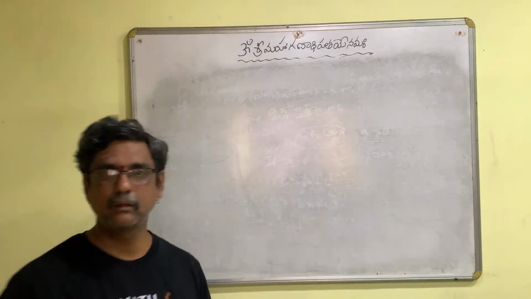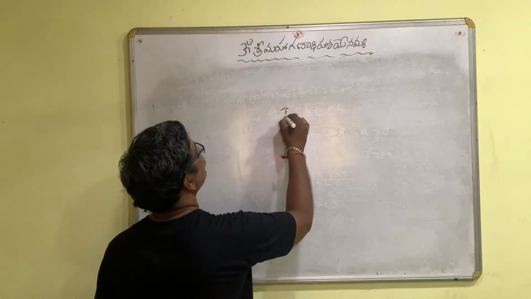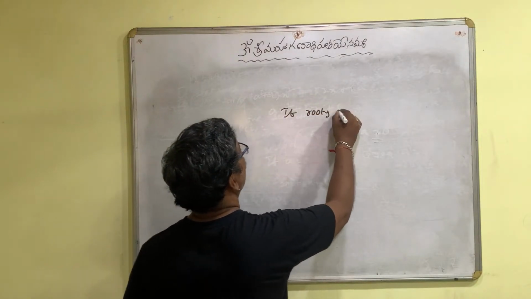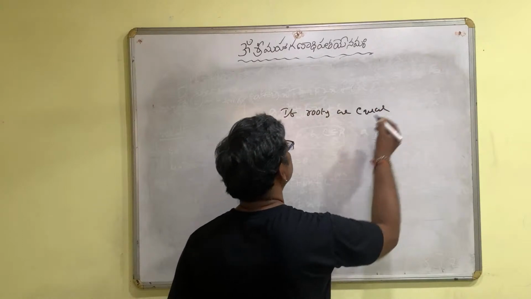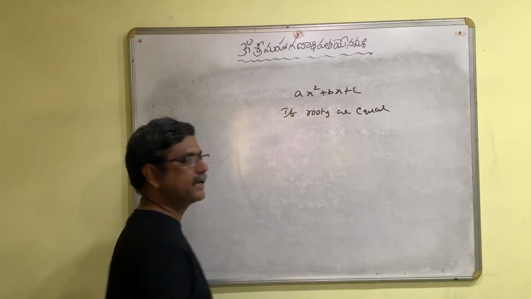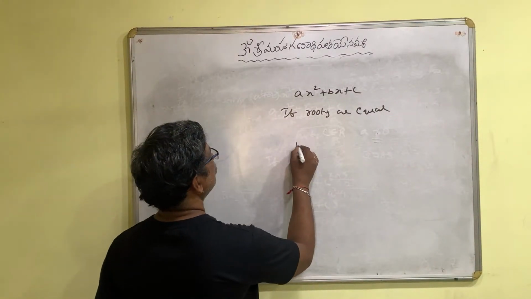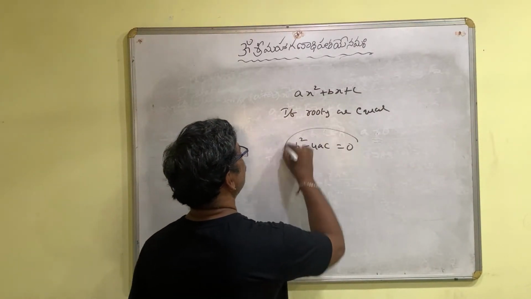What is the second question? If the roots of a quadratic polynomial are equal, what is the discriminant? The discriminant D is equal to b square minus 4ac. If the roots of ax square plus bx plus c are equal, then b square minus 4ac value will be 0.